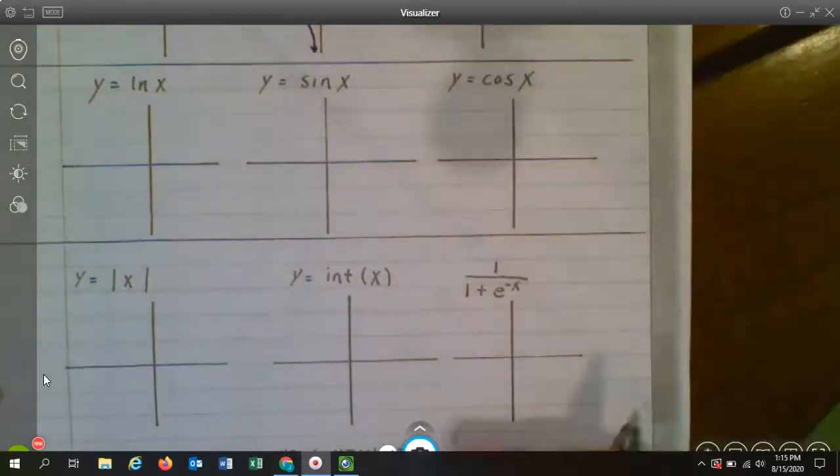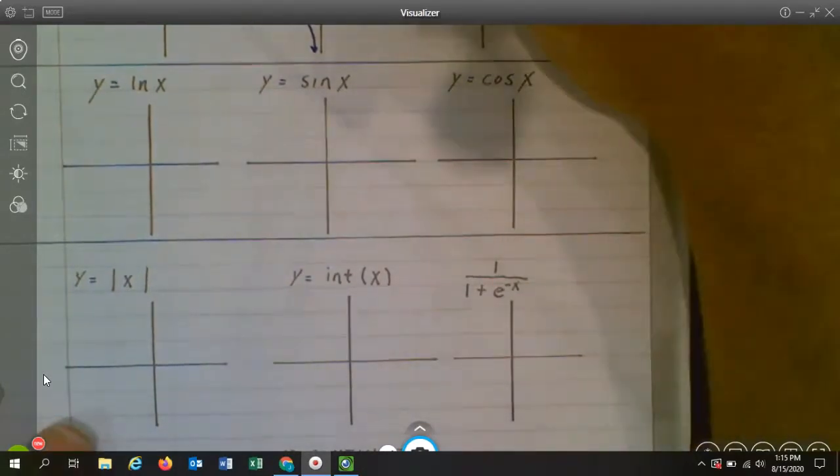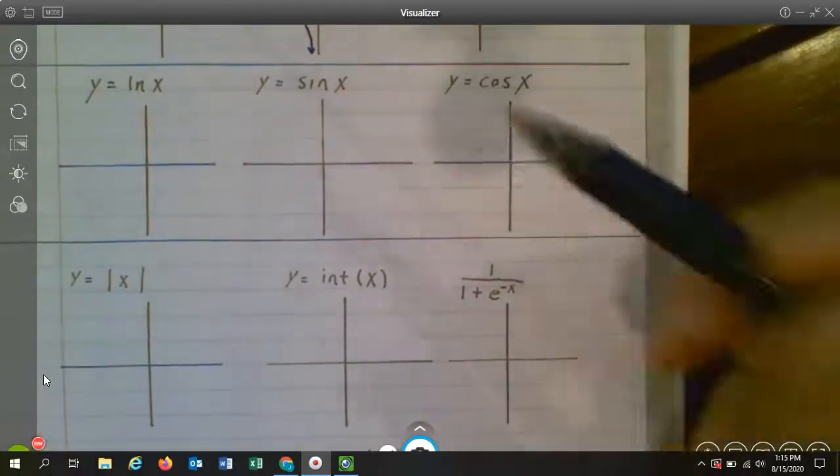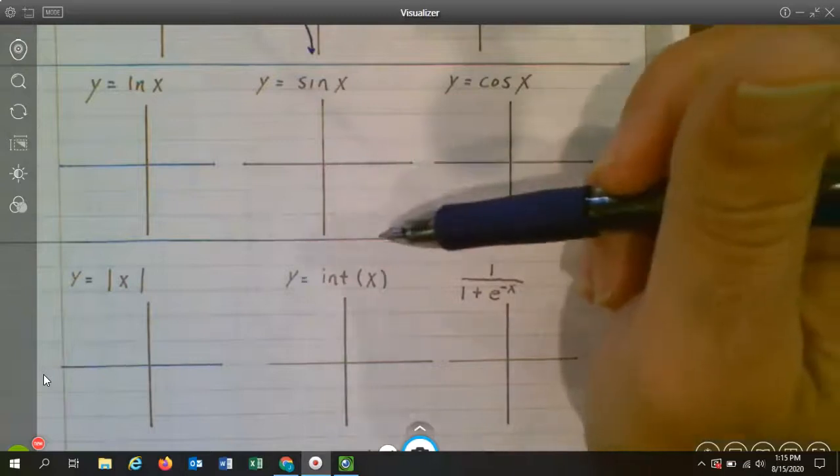Natural log of x, so remember the relationship of natural logs and that e function, and that's something we'll be looking at a little more later on. We do a chapter on logs, so we'll get into that stuff a little bit later, but our basic natural log function is sort of an inverse of e to the x.